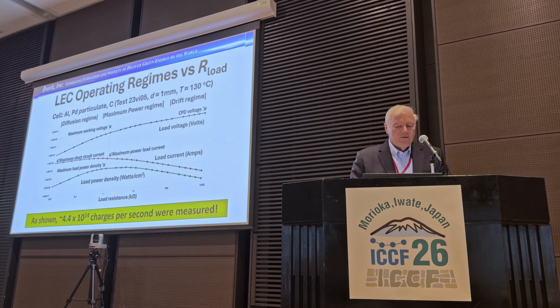That's 4.4 times 10 to the 14th charge carriers per second. Trying to do that with radioactive materials requires several curies of radiation and a lot of high energy particles and harvesting those. And we just don't have that. So ultimately we said we've got to find another mechanism to produce this. And that's when we came up with the electrophysical concept.